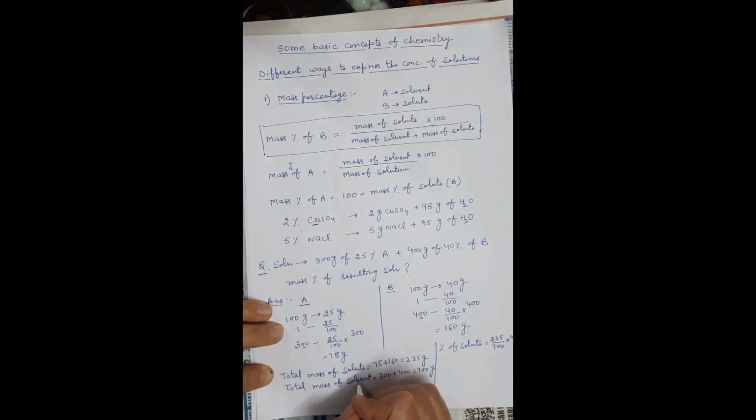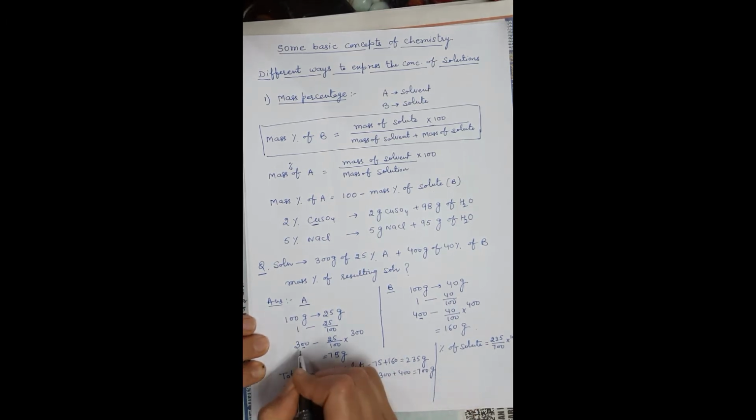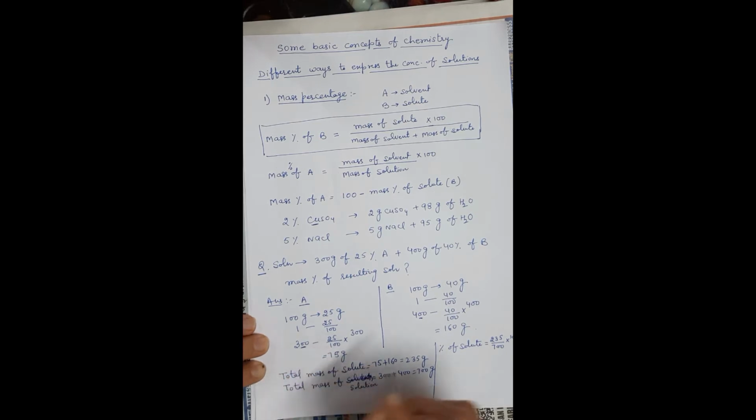The total mass of solution is 300 for this solution and 400 for this solution. It is 700 gram. So percentage of solute is mass of solute, 235, divided by total mass of solution, which is 700, into 100. So if you solve it, it comes out to be 33.5%.